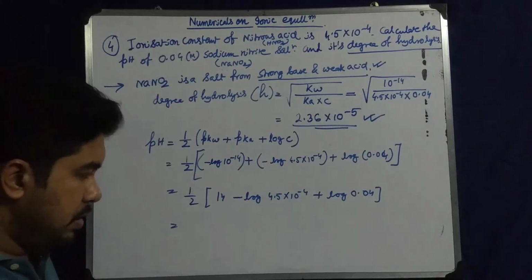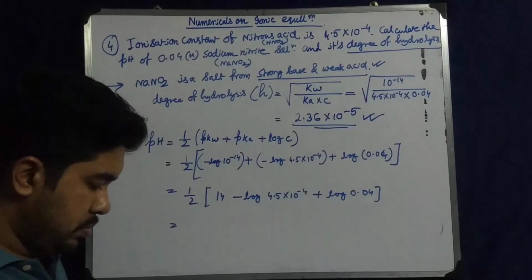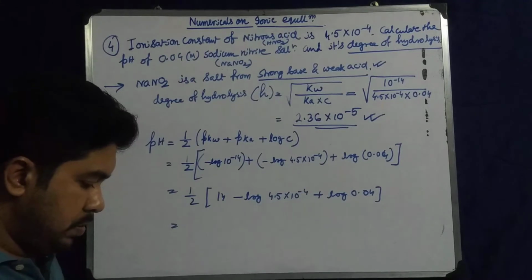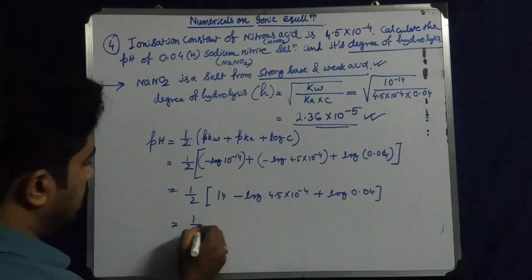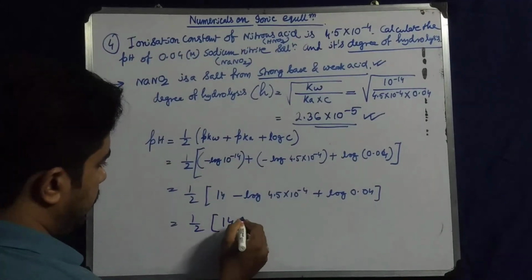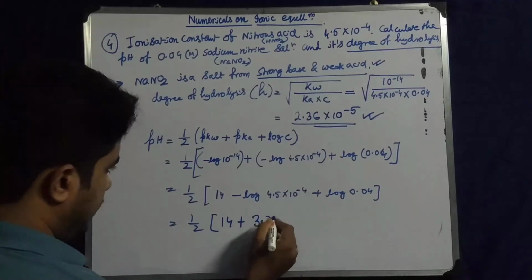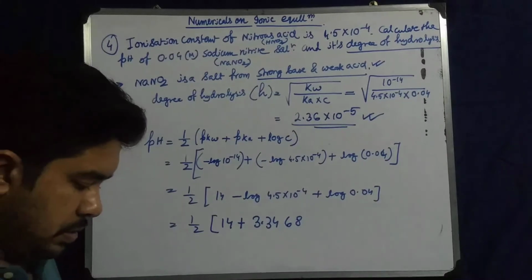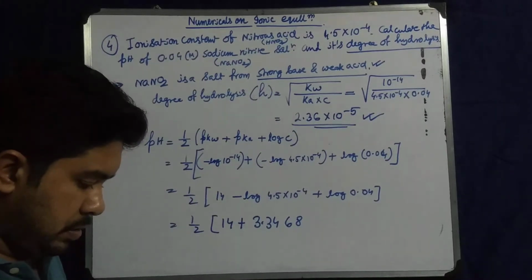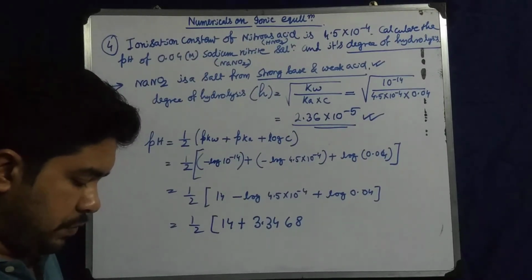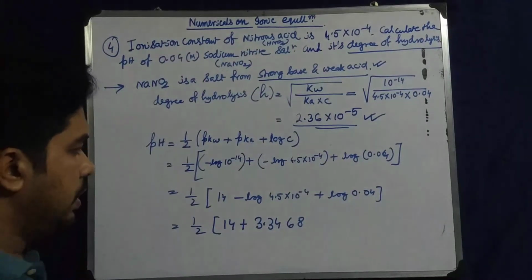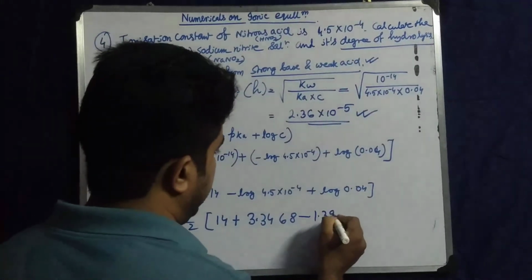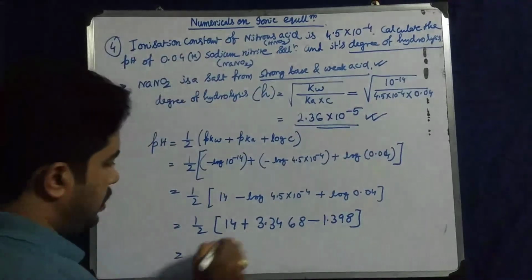14 minus log, so it will be 14 minus plus 3.34, how much came? 68, okay. Then log 0.04, yes, minus 1.39. Now do it.